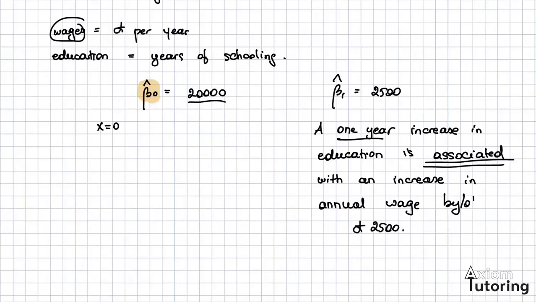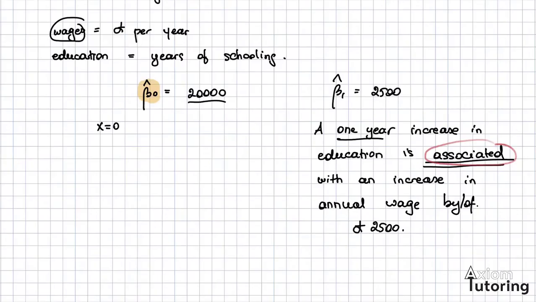The reason I underlined associated is that we haven't really established causality here. Estimations are always on average, and that's why we always use words like associated with, not causes. So a 1 year increase in education is associated with an increase in annual wage by 2,500 pounds, which means, again, the unit of education is years and the unit of wage is pounds.